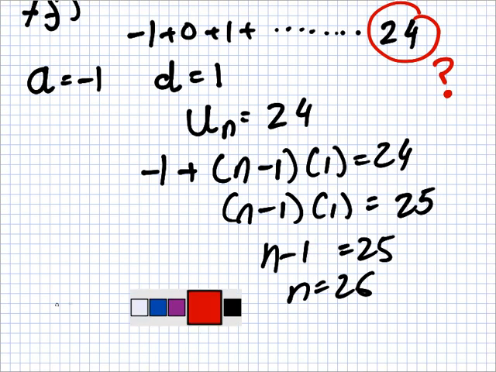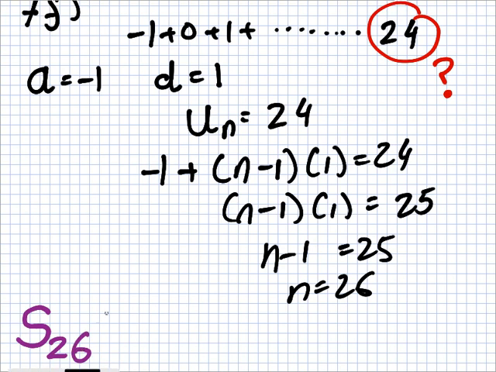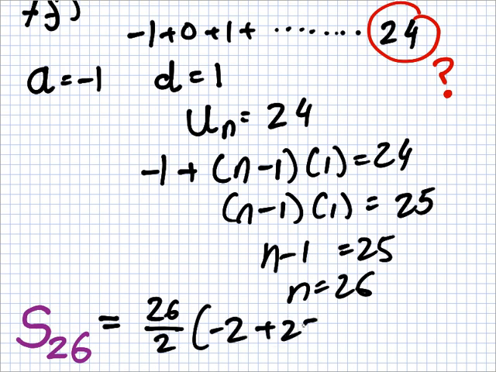So now that I know my n, I can finally work out what I wanted all along, which was S26, the sum. So that formula is n over 2, 2a plus n minus 1 times d, which is 1. So that would be 13 times 23.